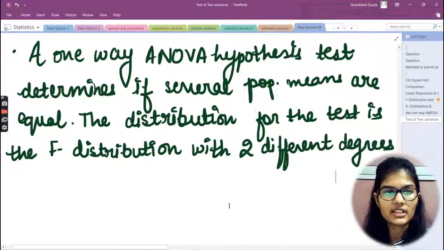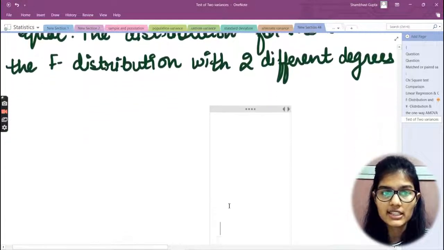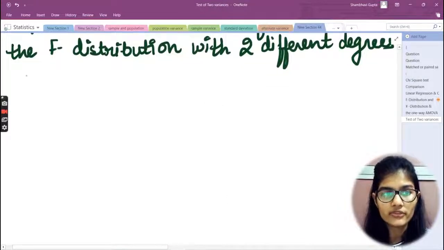Let me repeat: a one-way ANOVA hypothesis test determines if several population means are equal. The distribution for the test is the F distribution with two different degrees of freedom.